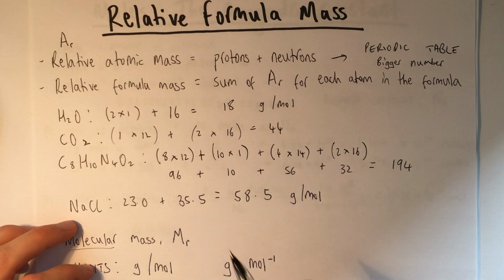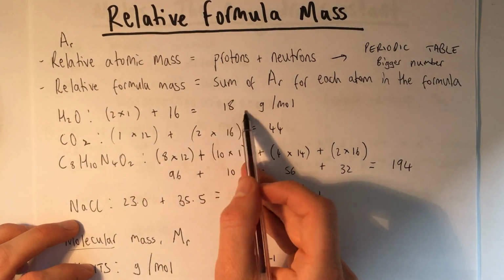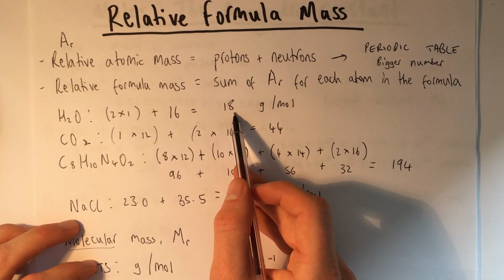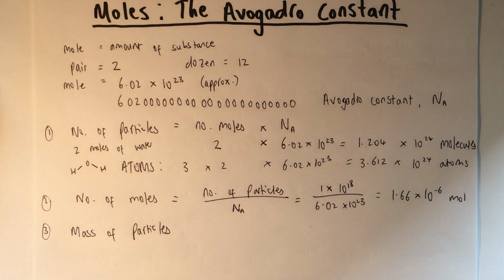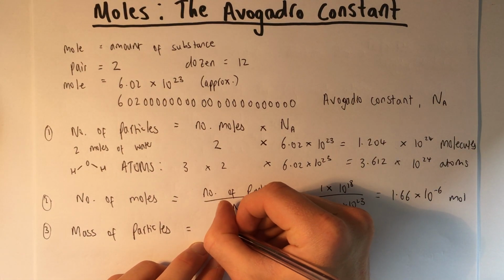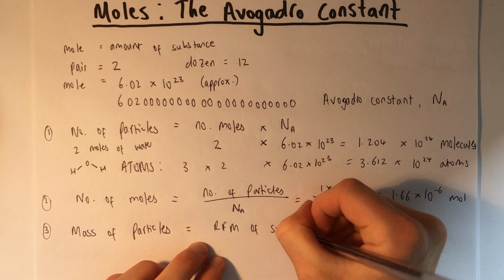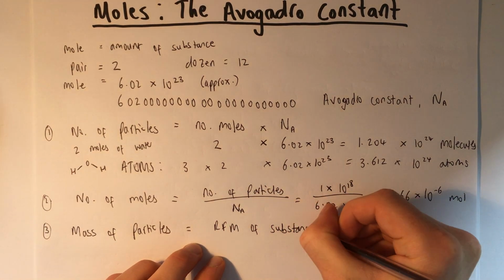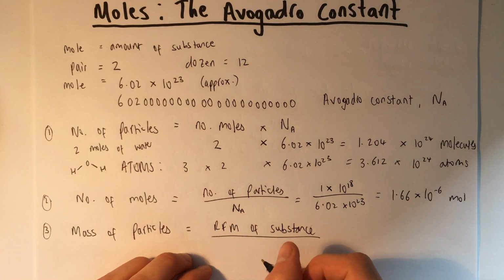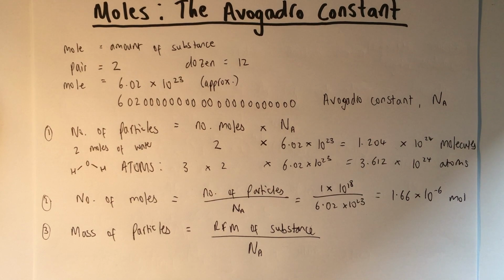So for example, if we went for a water molecule, we know that the relative formula mass of a water molecule is 18. And to find the mass of just one particle, I just divide that by the Avogadro constant again.